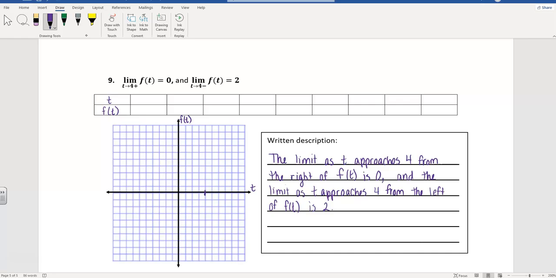From the right, my graph approaches 0. From the left, my graph approaches 2. So, I'm going to have some type of point at 4, 0. Right? So 4, 0 here.